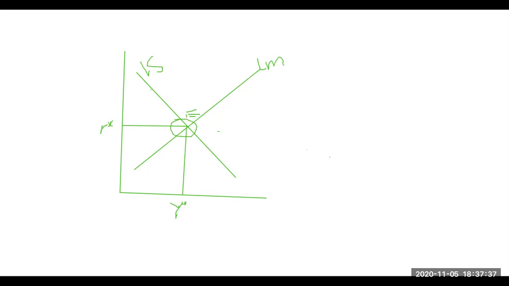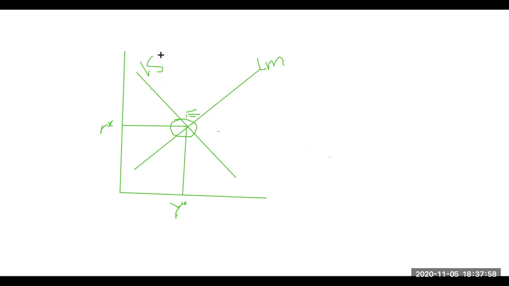Most of the time when they give the questions, of course, you'll be asked to find the Y star and then the R star. And also we looked at the shifts in the IS and the LM curves. What is going to happen to the IS curve, assuming there's an increase in government spending?